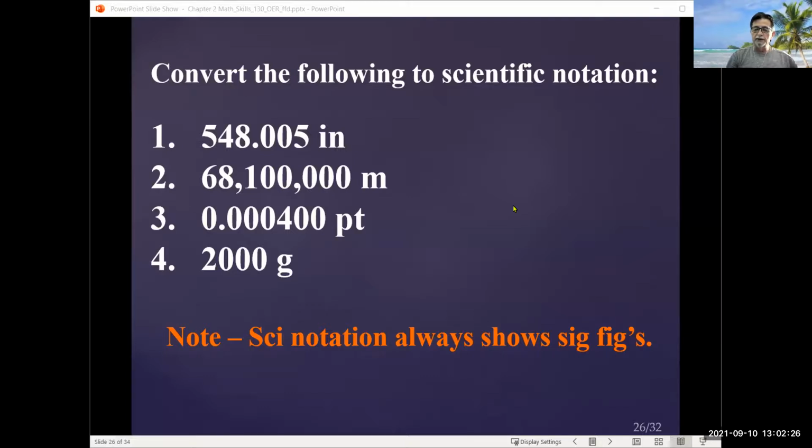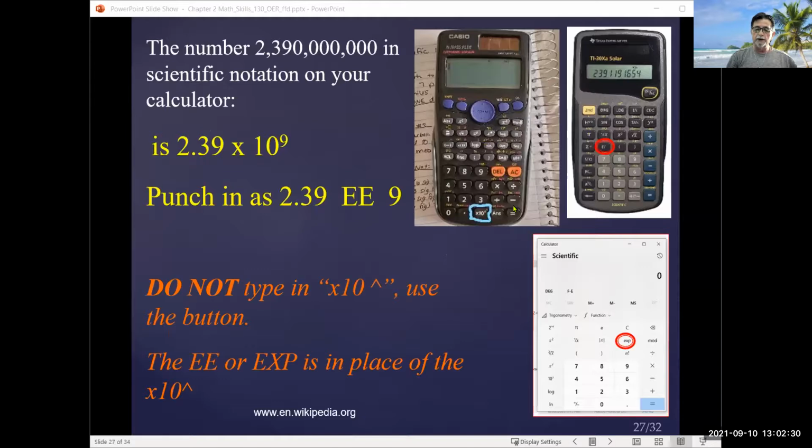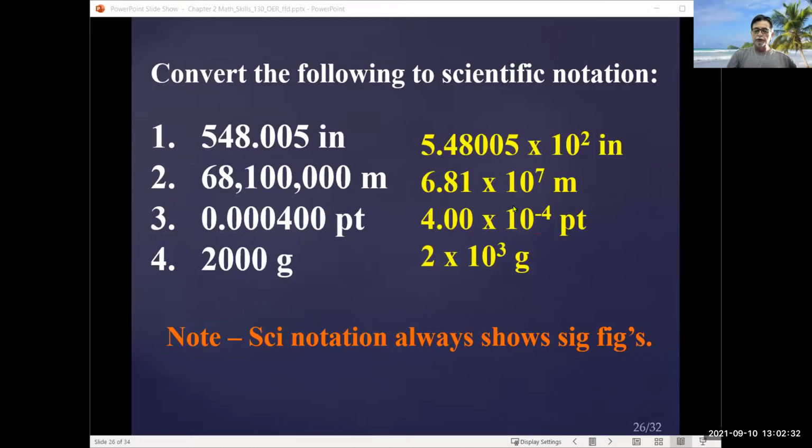All right, so we ended up on this slide right here. What we were doing is learning how to convert numbers to scientific notation. Scientific notation is just an alternative means to input into your calculator or to write very large numbers or very small numbers.